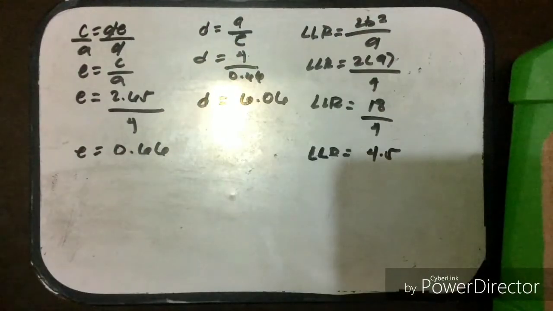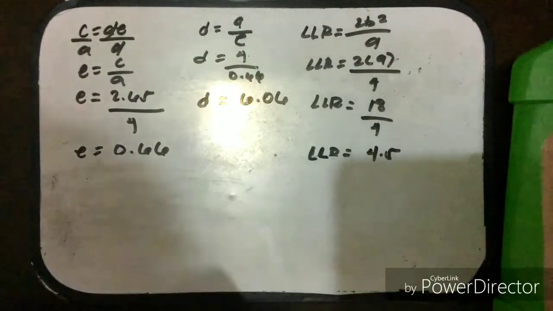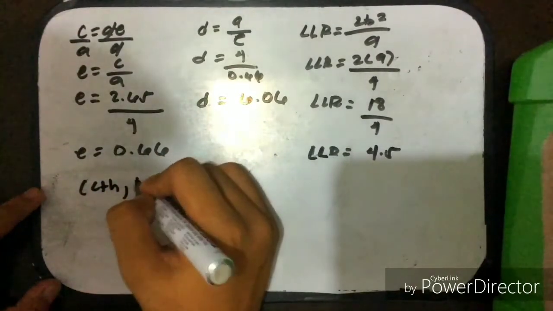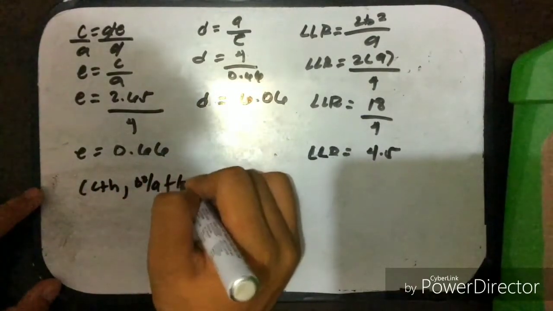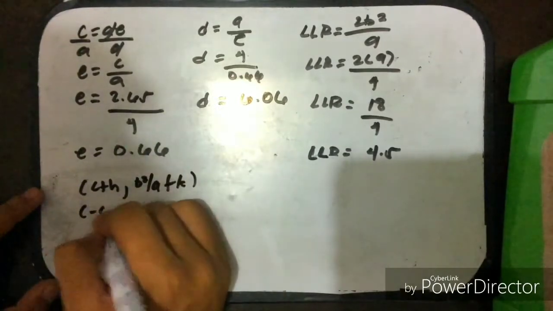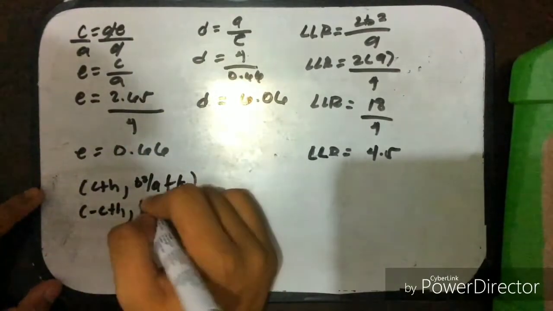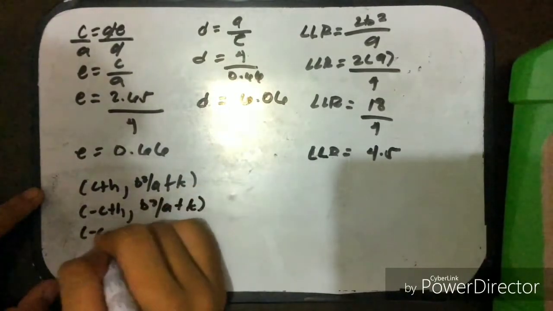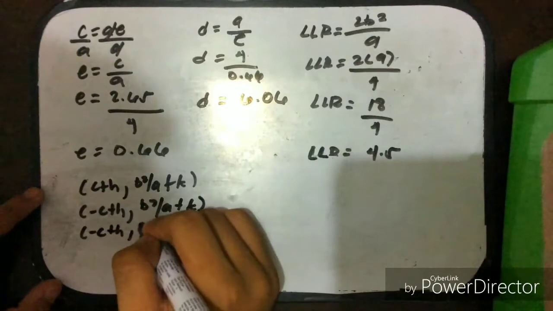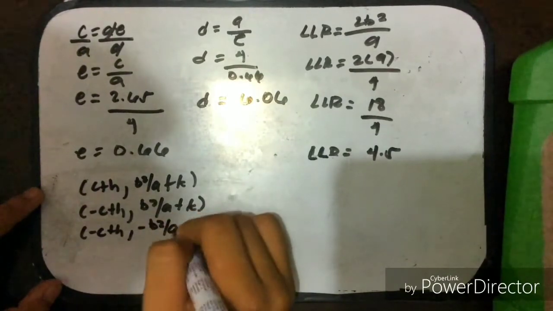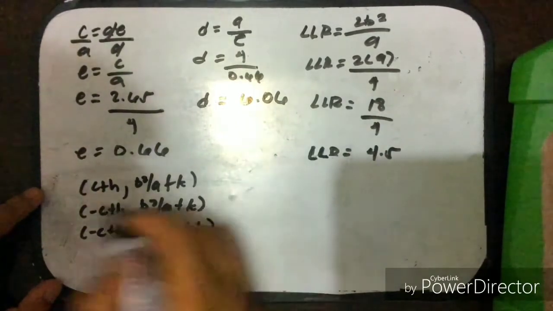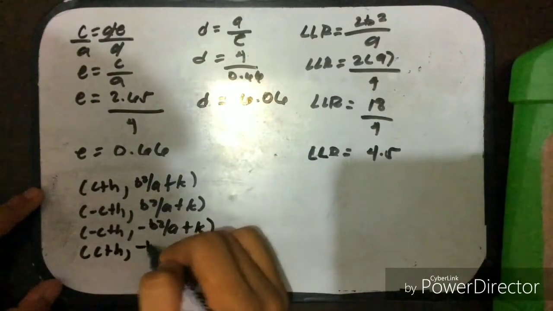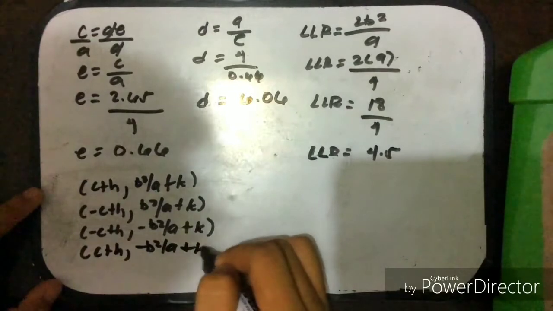So now we will proceed to the endpoints of the lateral recta: c plus h and b squared over a plus k, then negative c plus h and b squared over a plus k, then negative c plus h and negative b squared over a plus k, and c plus h and negative b squared over a plus k.